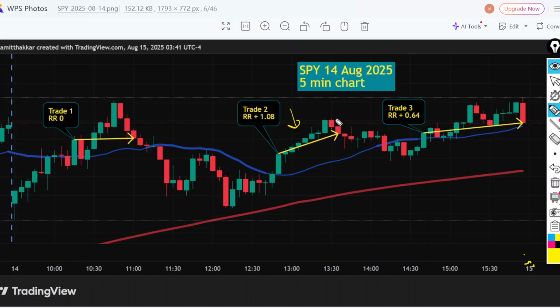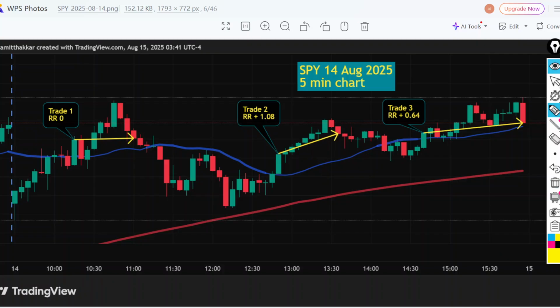We can exit on this first red candle itself, on a conservative basis, or if you're an aggressive trader, we can give some more room to stay in the position by moving our stop to the low of this green candle. This will be our stop loss.